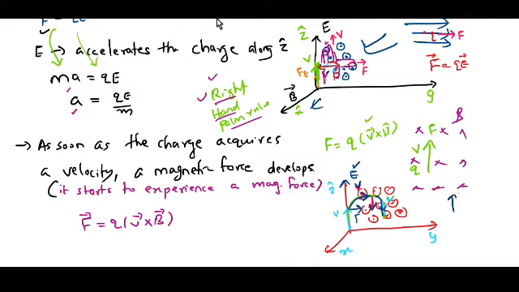That is, the electric force is along this direction, but because of the effect of the magnetic force the charged particle is coming down and touches the y-axis. Here the electric force is opposite to the velocity of the charged particle, or opposite to the direction of the electric field. Then the velocity of the charged particle decreases.